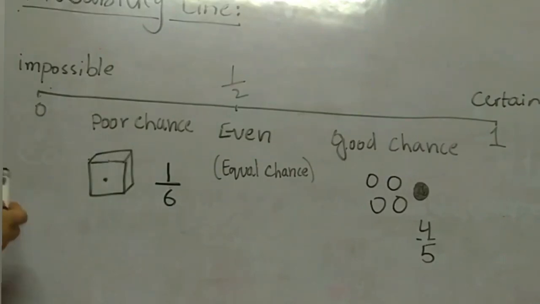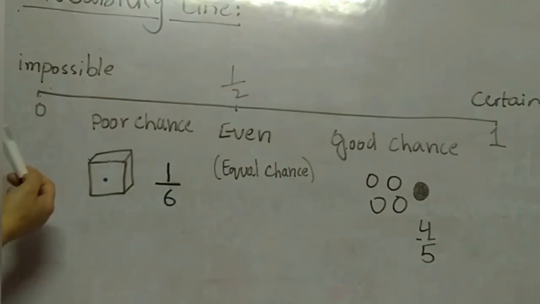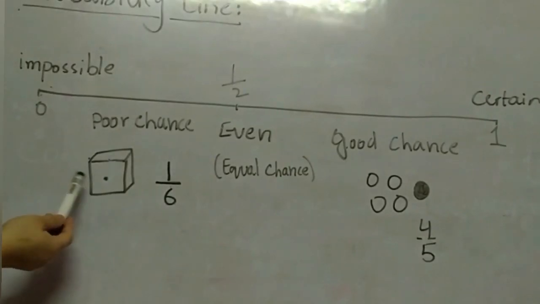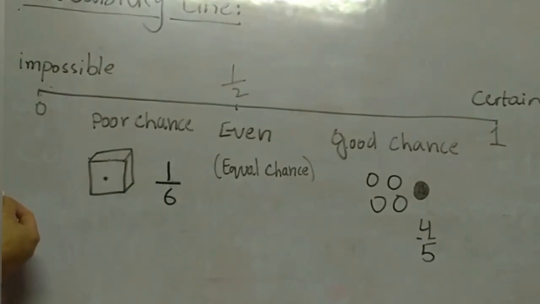Now I am going to explain the poor chance. It comes between 0 and half. It means there are very poor chances or less chances of one thing coming. For example, if I give you the example of dice, when we roll dice, there are 6 sides in total.